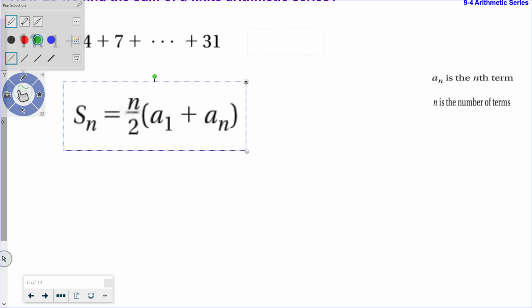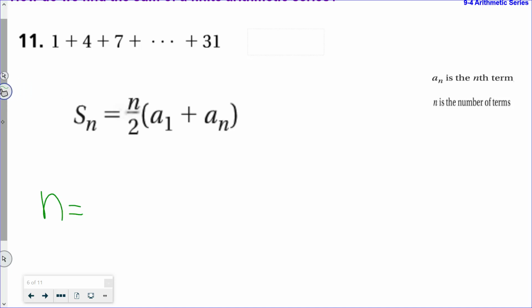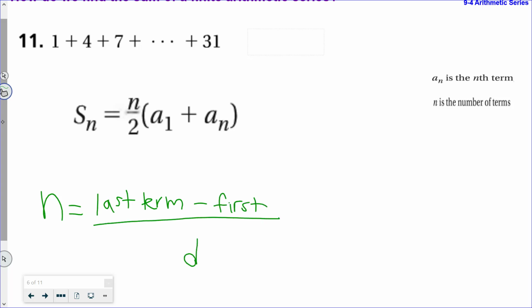So the number of terms, remember the way we calculate the number of terms, it's the last term minus the first term divided by the common difference plus 1. This is how we figure out how many terms are in the series. The common difference is 3. Again, in the arithmetic sequence, we're going by 3, so the common difference is 3.